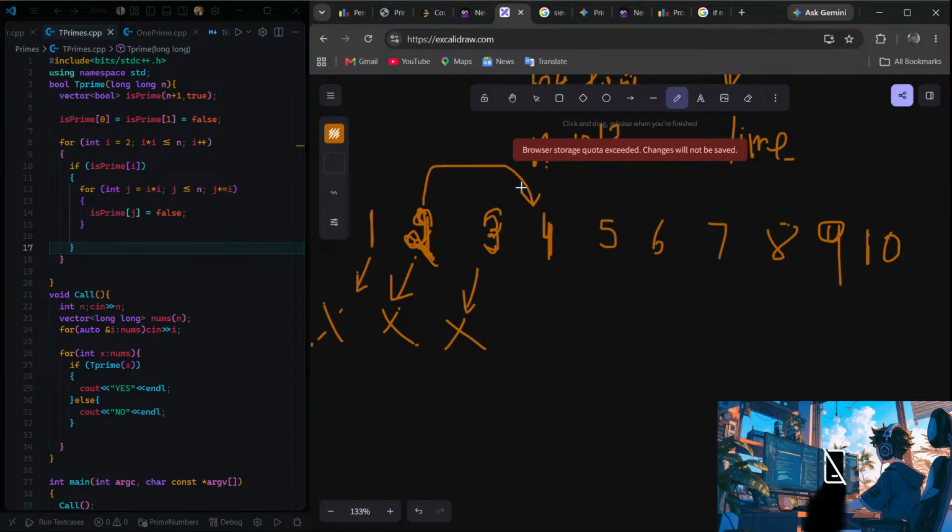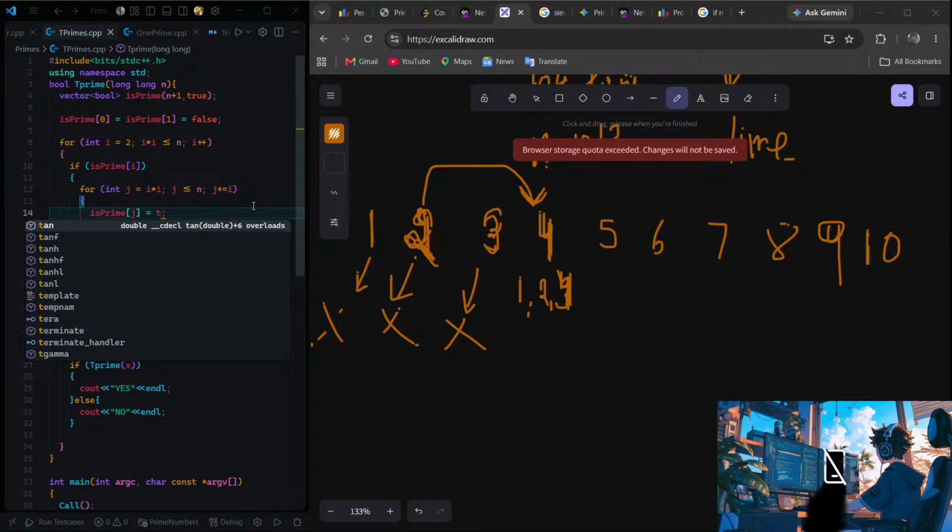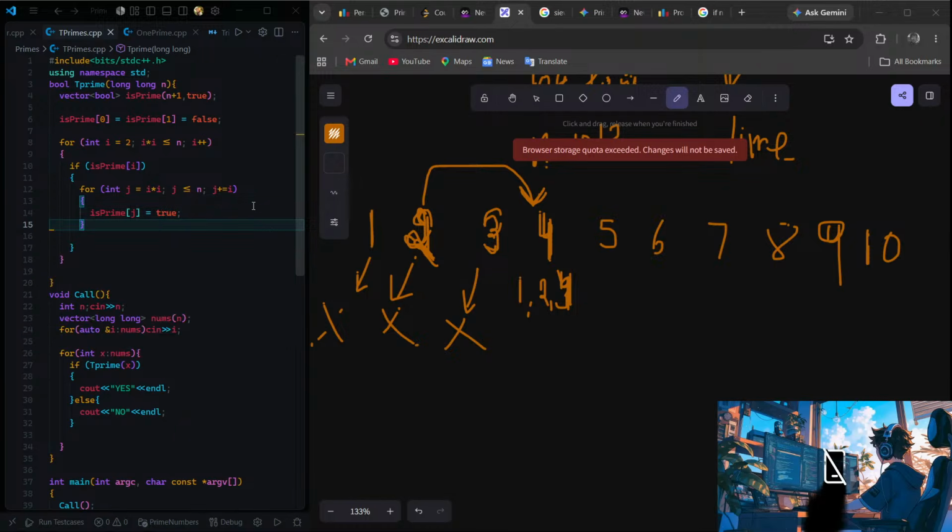The factor of 2 will be 4. So 4 will be a T prime because it has three distinct factors. Okay, three distinct factors. So I will mark 4 as true. I will mark this to be true, that 4 will be a T prime now.